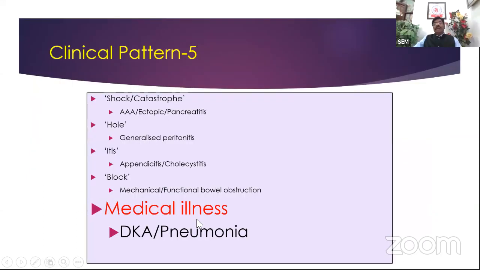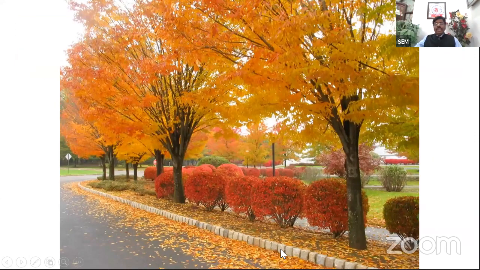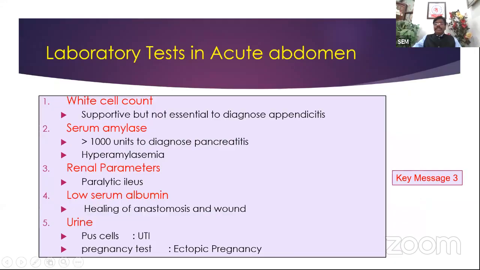The final basket, the fifth basket, is the medical illness patient presenting with DKA or pneumonia or herpes zoster. What are the minimum laboratory tests we do? We always do all the blood investigations, but I'm just mentioning these here for you to give importance to. Otherwise, you will be writing the whole thing.